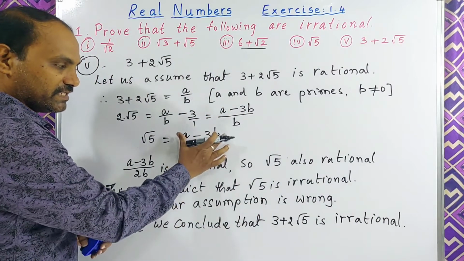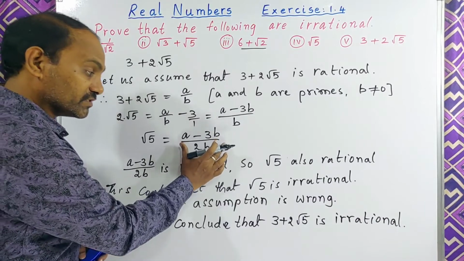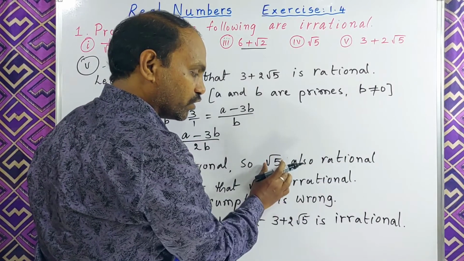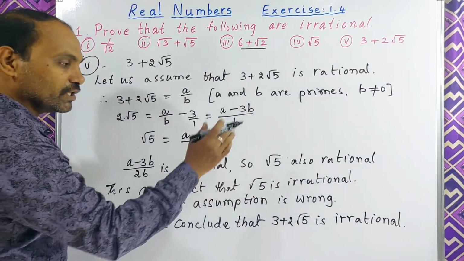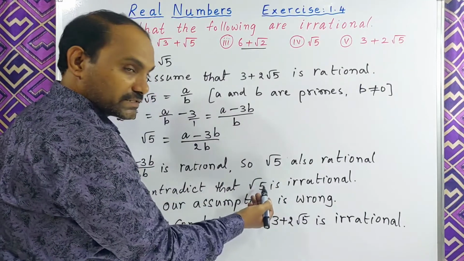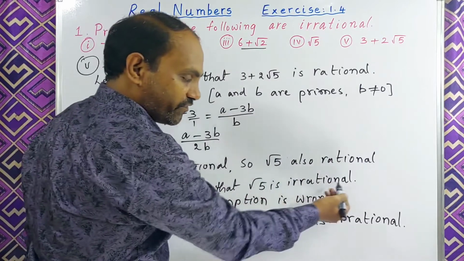This one is in p by q form, so this one is a rational number. That's why this one is equal to root 5. Root 5 is also a rational number, but root 5 is not a rational number. That contradicts our assumption that root 5 is rational. This one is true: root 5 is irrational.